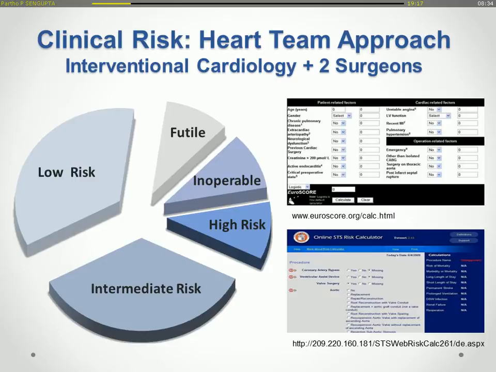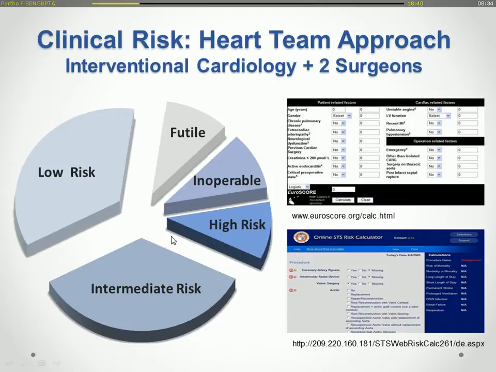There are certain calculators that are currently available, which are the STS, which is used in the United States, and the Euroscore. And these calculators provide a multivariable algorithm to stratify the clinical risk. However, these calculators were developed essentially from patients who are surgical risk classified as low or intermediate risk, and therefore they may not capture the scenarios in all situations, so it requires an individualized, personalized consideration in several patients.